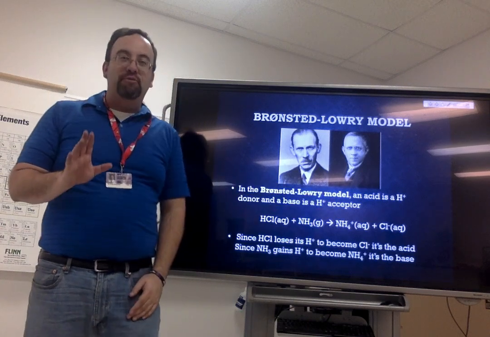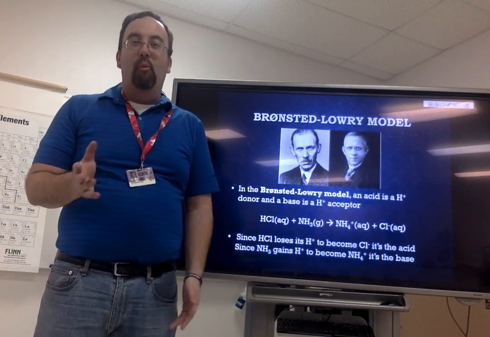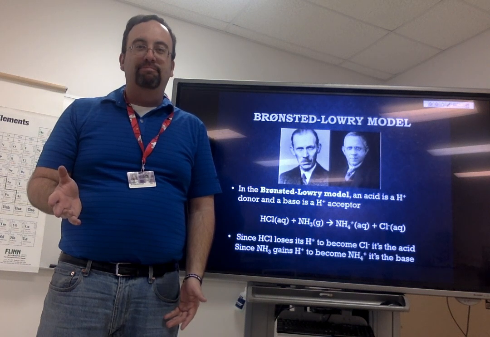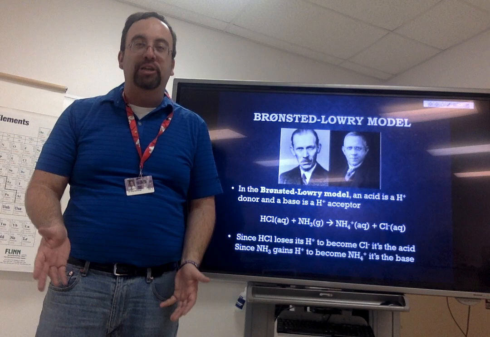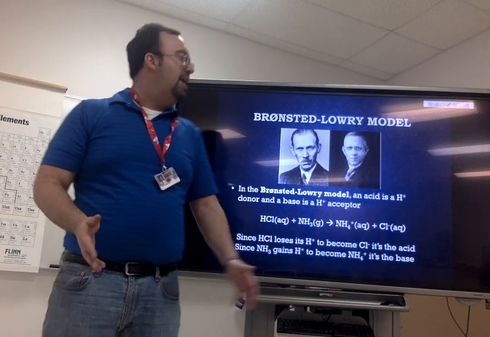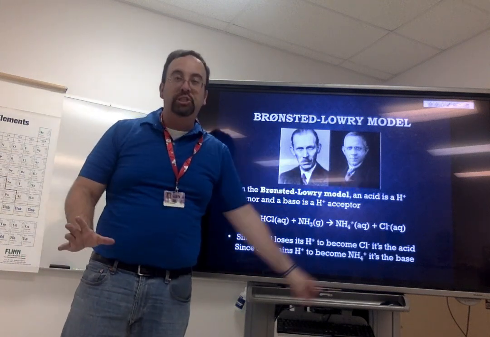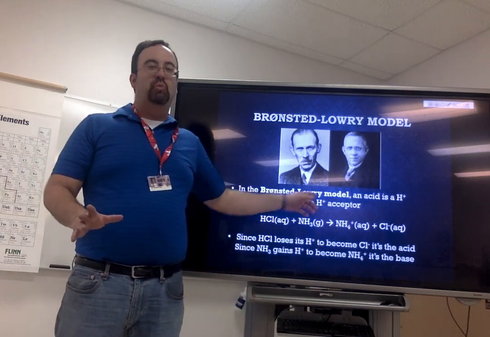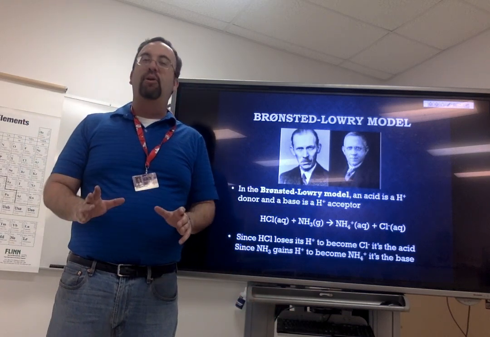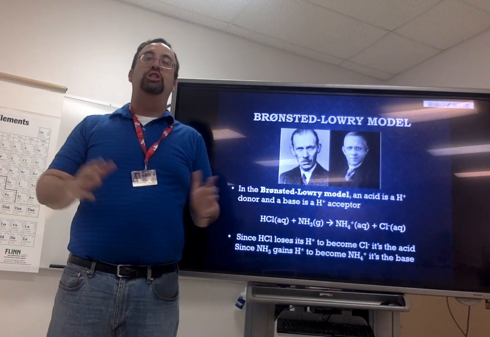And so if you really think about this, what is this a restatement of? Of course you would probably know that I'm referring to the law of conservation of mass, because if the acid loses the hydrogen ion, then the base is what picks it up. So remember, nothing is ever lost or gained, it's just moved around.